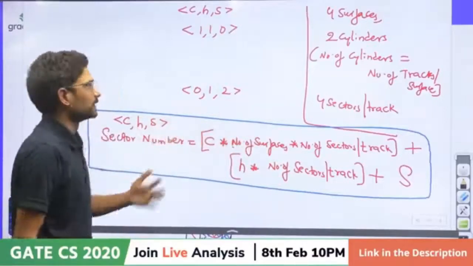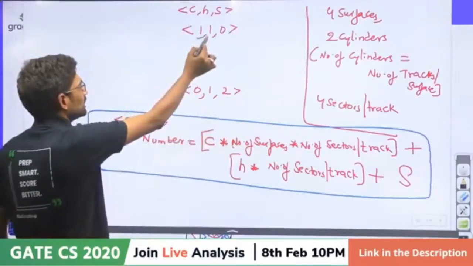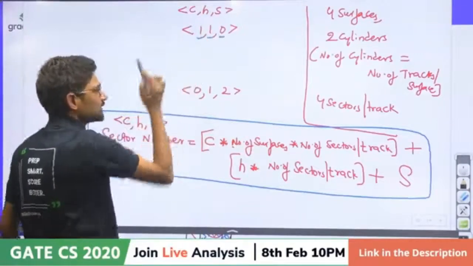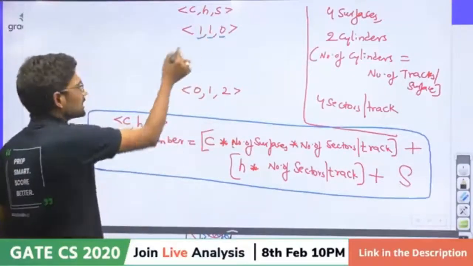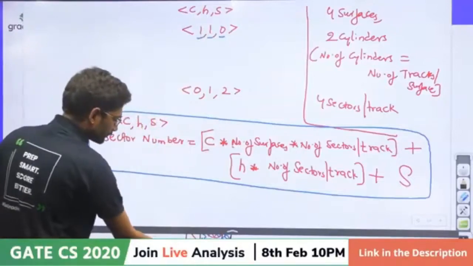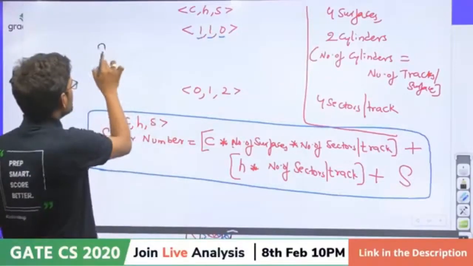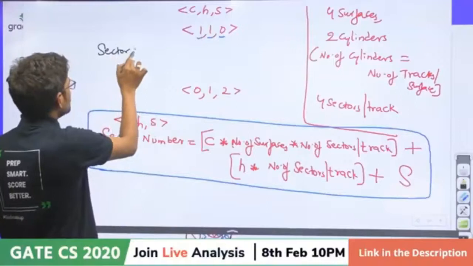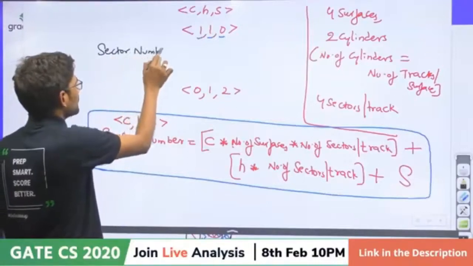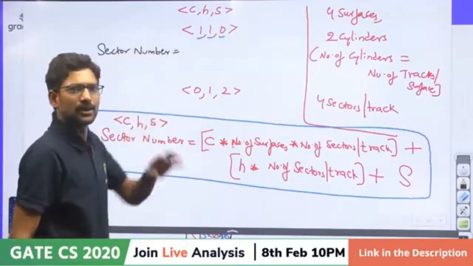Now, if I apply C is 1, H is 1, S is 0. So, what is the sector number here? Let's say you don't know what the sector number is, you need to find out.